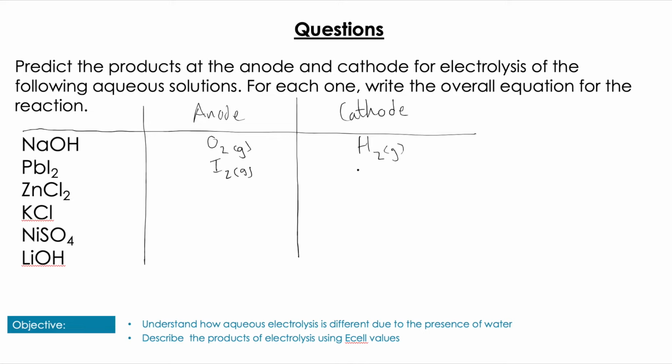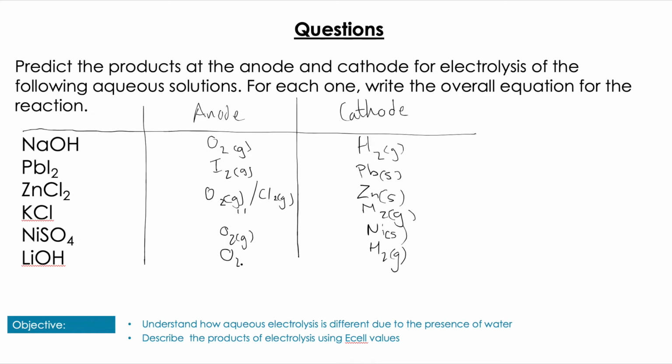For our ZnCl2, I haven't said here if you'd have concentrated or non-concentrated. So it would be O2 or Cl2 depending on which one. Same goes for KCl. And yeah, for the rest, all you have to do is look at your table and compare those values. So hopefully you're feeling a little bit better about attempting questions like that and getting used to using your data booklet.